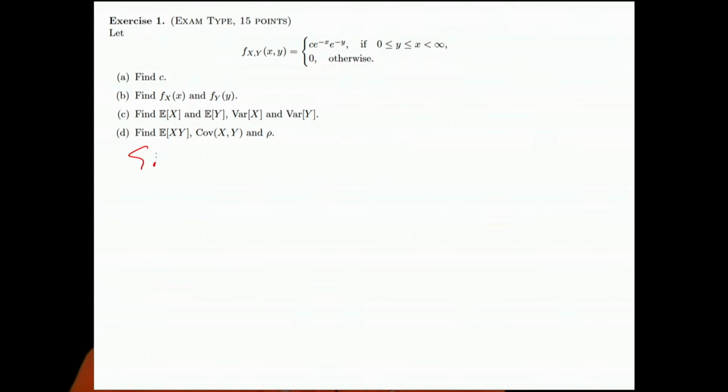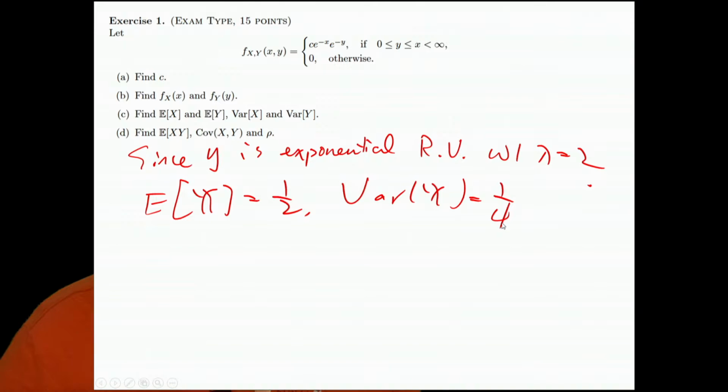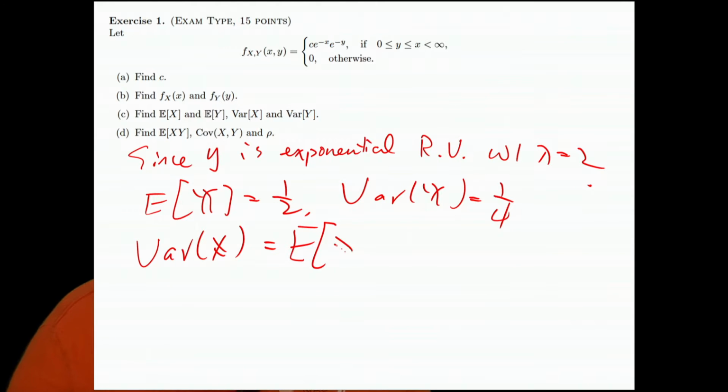So we know since y is an exponential random variable with lambda equals 2, that means the expectation of y is 1/2. Variance of y is 1/4. And also the variance of x will be expectation of x squared minus the mean square.